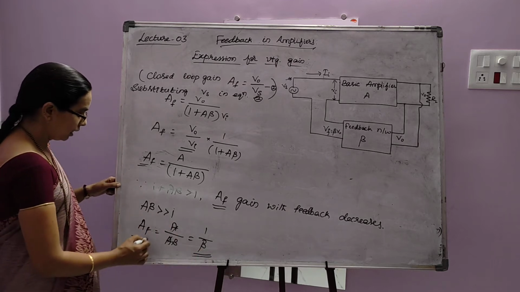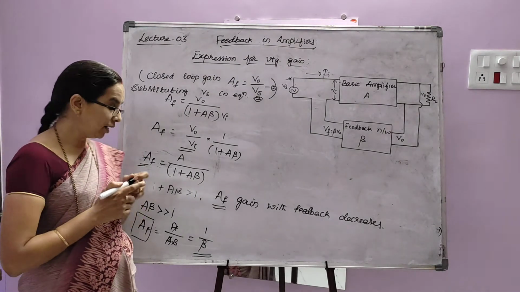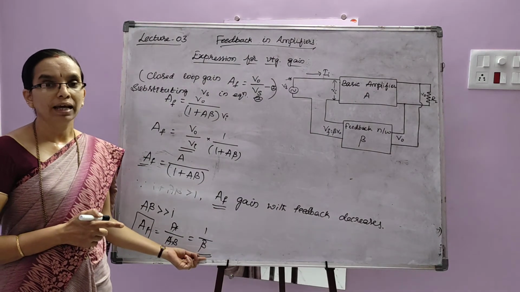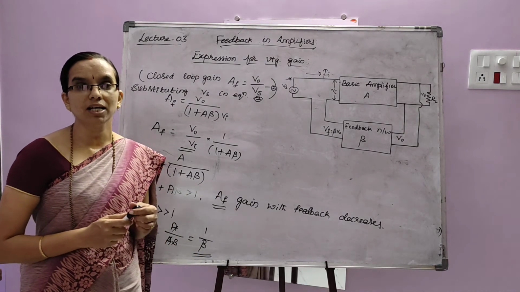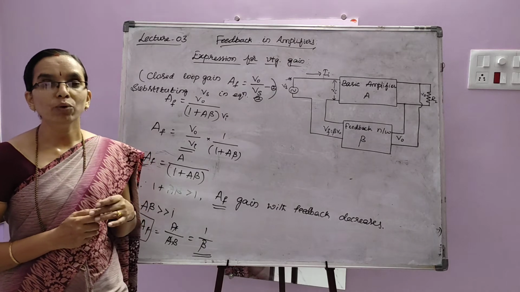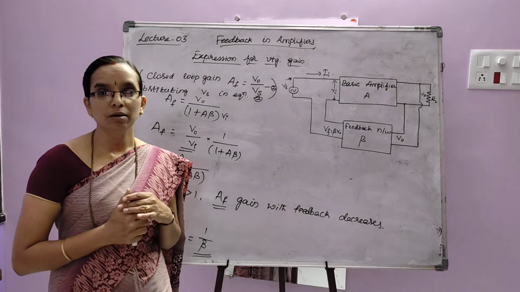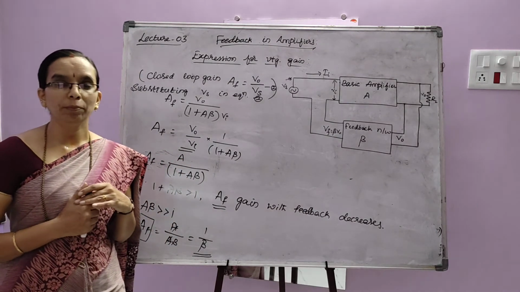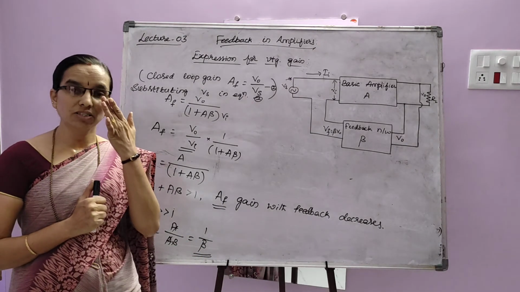That is, the gain of the amplifier with feedback is dependent mainly on the feedback fraction, and it is not affected by any of the device parameters such as supply voltage or aging of the transistor or replacement of device parameters. The gain of the amplifier will not be affected. It only depends on the feedback fraction.